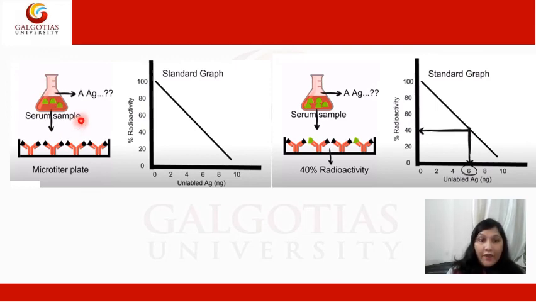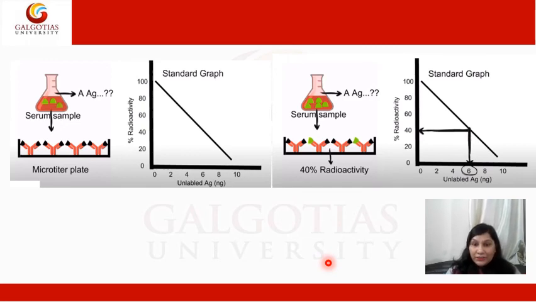We will again make a microtiter plate of 100% radioactivity. Now we will add this serum sample to this microtiter plate, right? Suppose after adding this serum sample, the radioactivity of the microtiter plate decreased to 40%, and this is due to the competition of A antigen, if present in the serum, with the labeled antigen.